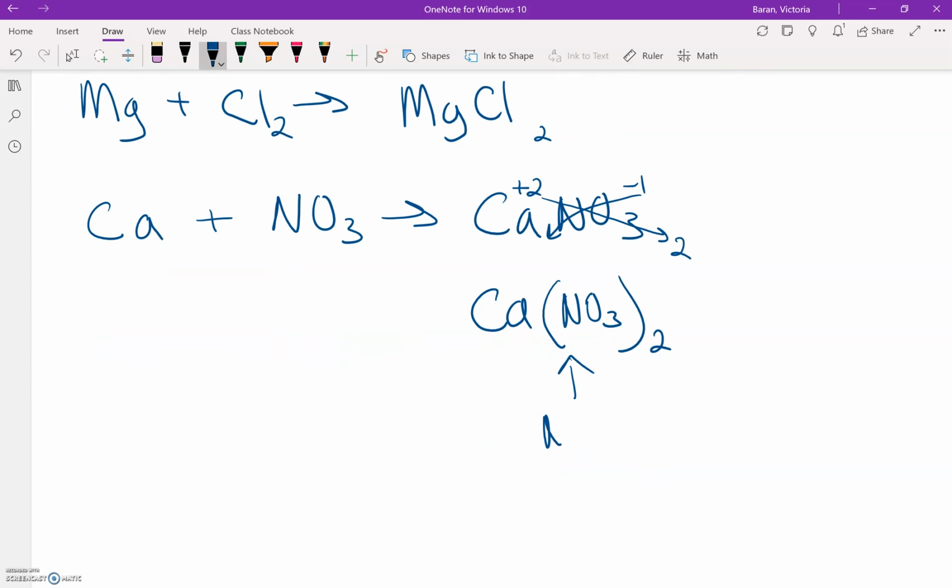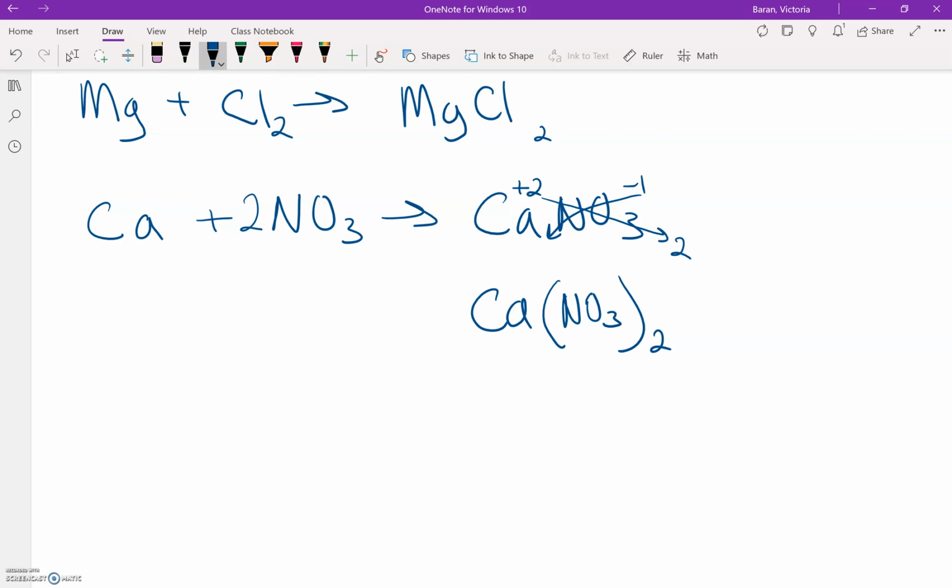This is saying that you have 2 NO3s. That 2 gets applied to everything in the parentheses, okay? So that would be my final answer. And I know that this is not balanced, so normally this would have a 2 here so that the overall chemical equation would be balanced.